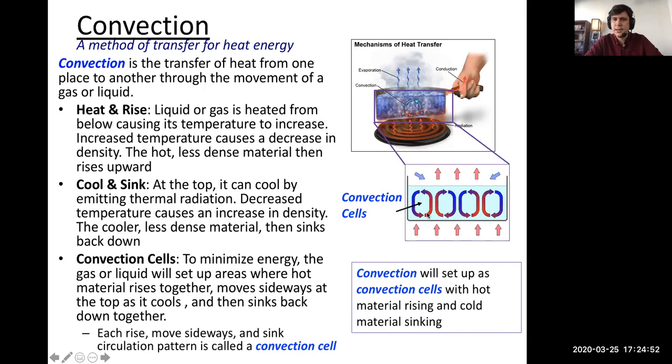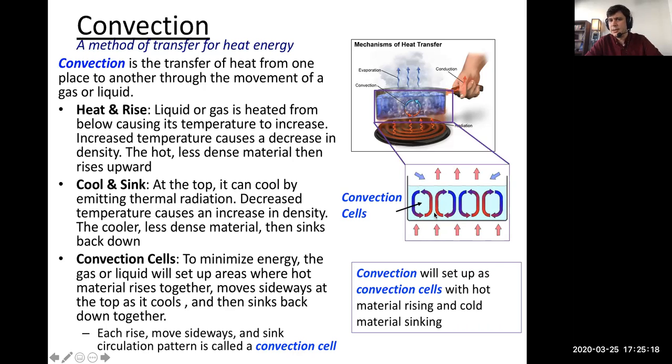So it'll warm up and rise again, cool and sink, warm and rise, cool and sink. And naturally, what it'll do to most efficiently transport the energy around is set up these nice little units of convection where you have warm rising here, cool sinking here. That would make up what we call a convection cell, this cycle of convection. Next to it, we'd have another convection cell.